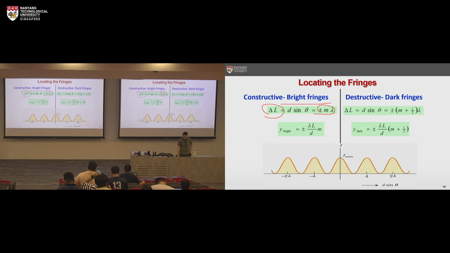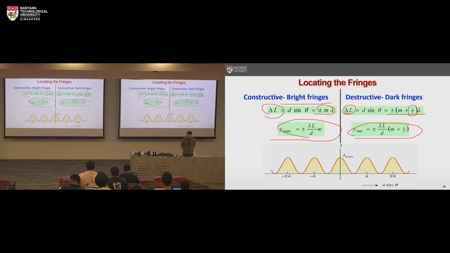If you want to see a dark fringe, which is destructive, your delta L, the difference between ray 1 and ray 2, should equal a half-integer multiple of lambda, which is m plus 1 over 2 lambda. This relationship yields these two equations to find the location of the fringe correspondingly.